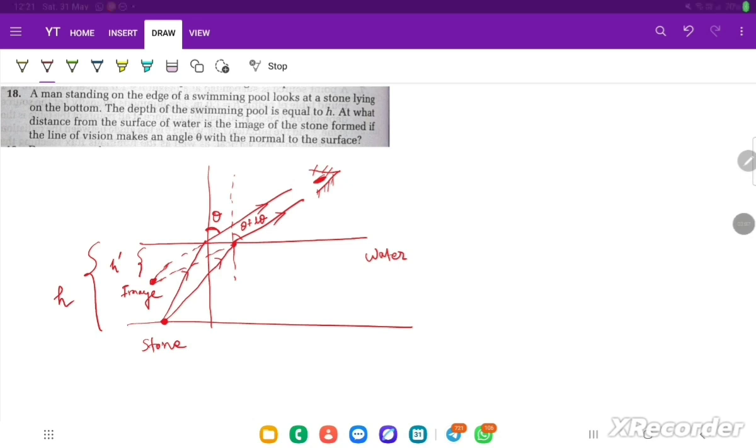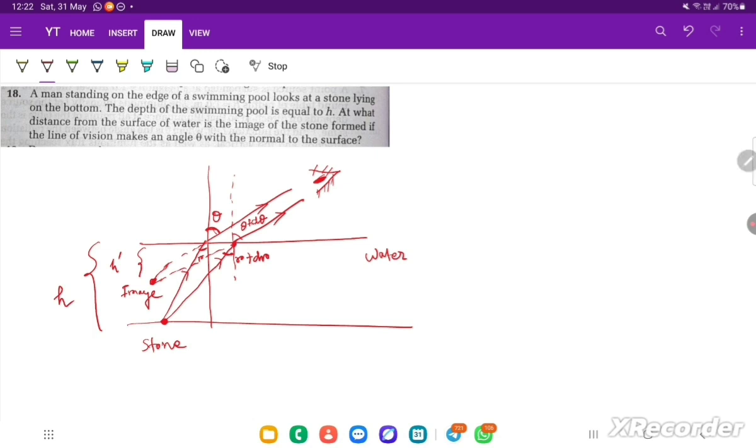Second, I have assumed that it is incident at an angle theta plus d theta. You can assume that this is just the nearby ray of the first ray, and if this angle is r, then this angle is r plus dr. So this is the differential diagram also, because I have taken that theta has increased by a small amount, theta plus d theta, and r has also increased by a small amount, r plus dr, just for the sake of our calculation.